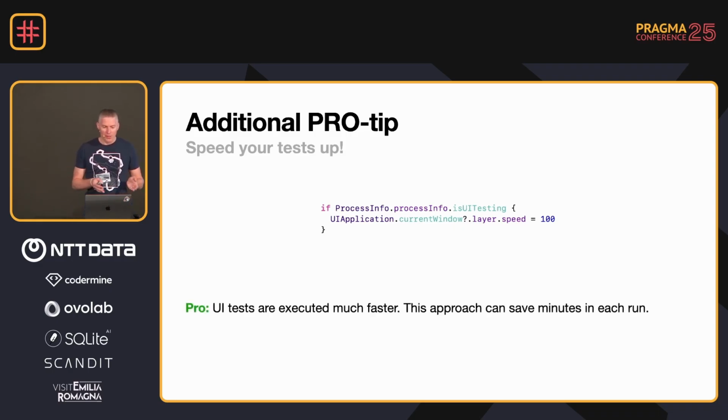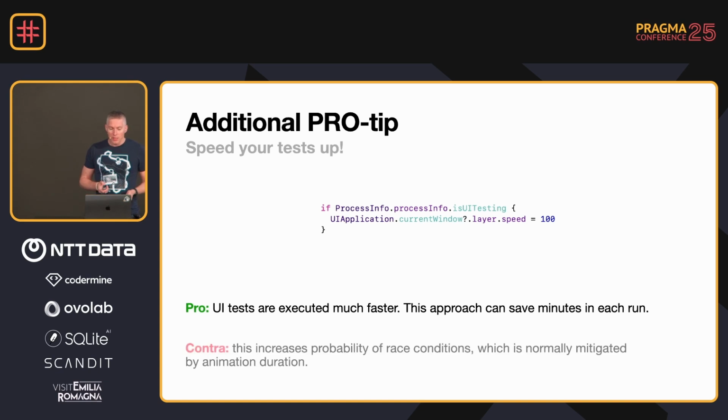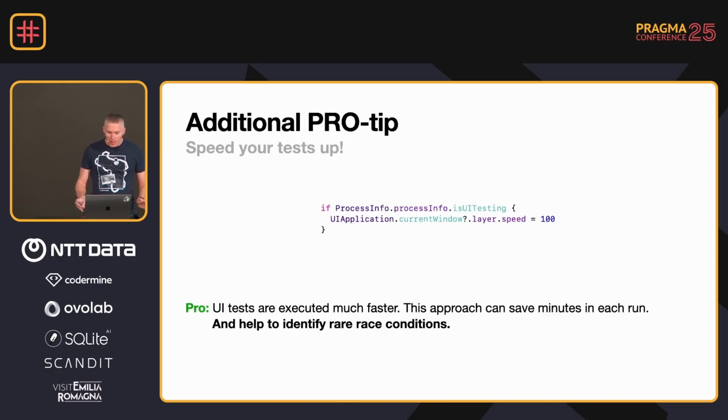It saves minutes of time. The disadvantage is that it increases the probability of race conditions which otherwise are hidden by animation duration. So choose wisely. No, I'm just kidding. Please be bold, enable this speed up, and use it to eliminate race conditions inside your app. Yeah, it is the way to go.